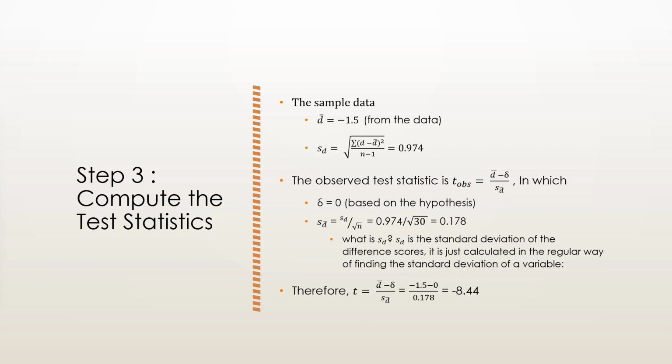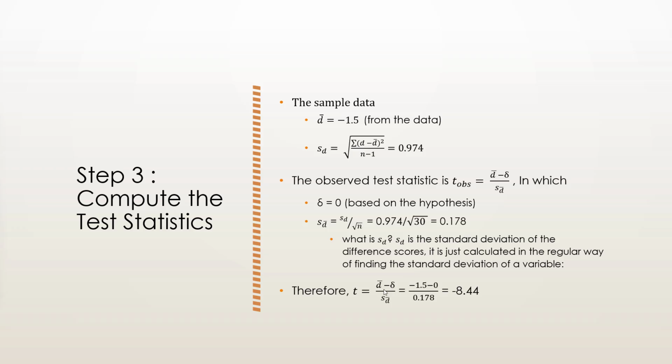Later, I will show you in SPSS that in our example, the mean of the differences between paired scores is negative 1.5, and the standard deviation of the differences is 0.974. We then can find out that the standard error is 0.974 over the square root of 30, the result of which is 0.178.